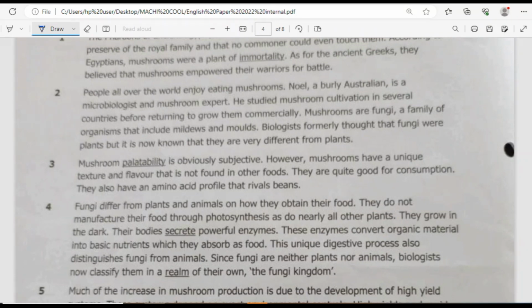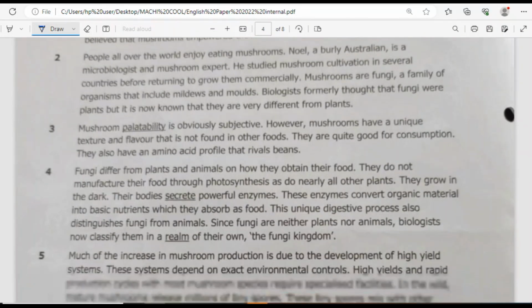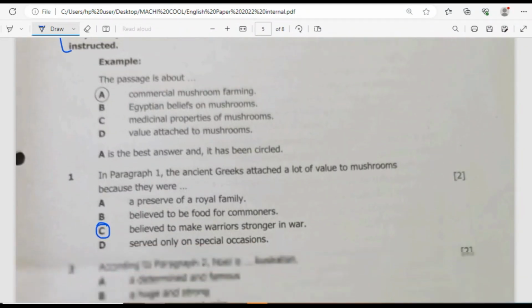He studied mushroom cultivation in several countries before returning to grow them commercially. Mushroom are fungi, a family of organisms that include mildew and moulds. Biologists formerly thought that fungi were plants, but it is now known that they are very different from plants.